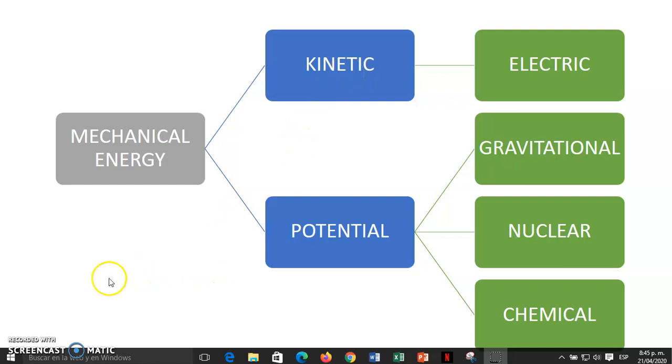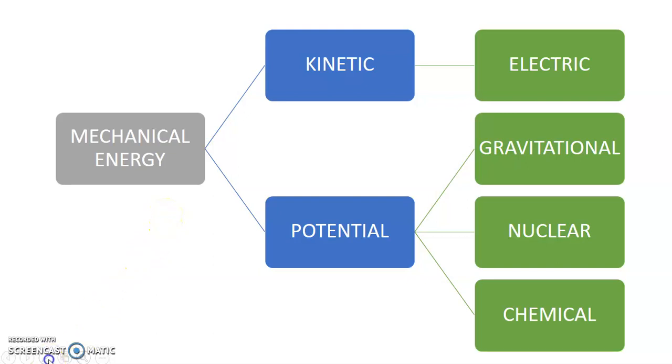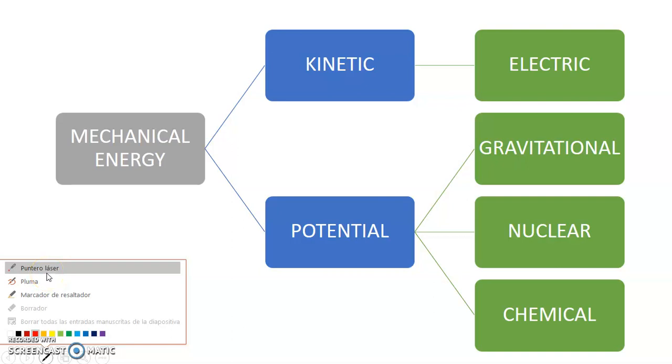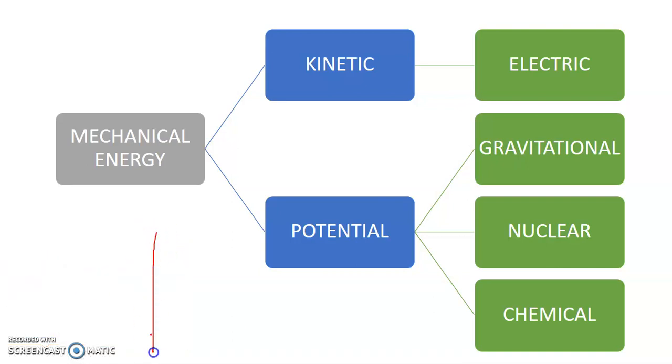A windmill is something that is on the earth, but high in the air. So we have something like this, and here it has some things that are going to be moving by the action of the wind. Okay, so it has kinetic energy, but also has gravitational energy because it is high in the air and there is a gravity force acting over it. Okay, just to show you a little how the mechanical energy would work.